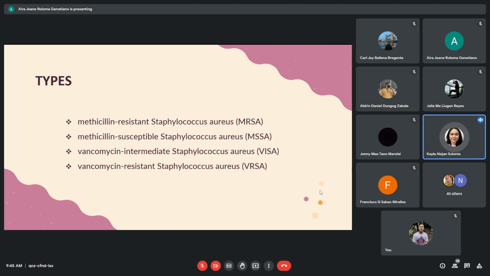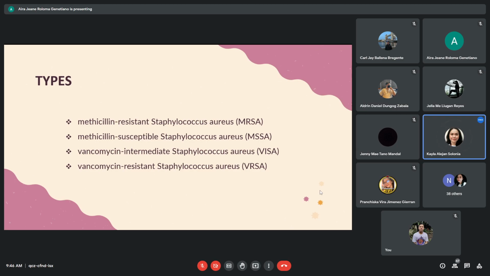Methicillin-resistant Staphylococcus aureus, or MRSA, is an infection caused by a type of staph bacteria that has become resistant to many of the antibiotics used to treat ordinary Staphylococcus infections. While methicillin-susceptible Staphylococcus aureus, or MSSA, is an infection usually treatable with antibiotics. It is a serious infection that has a high risk of complications and death.